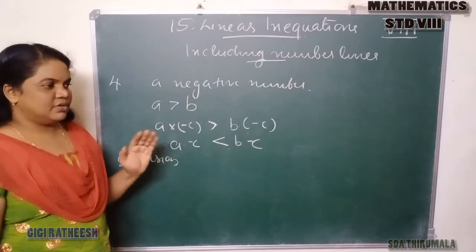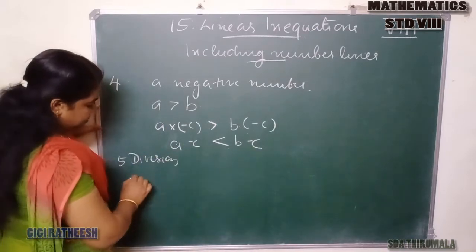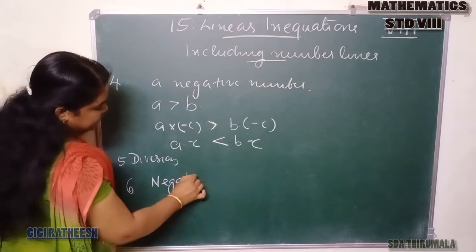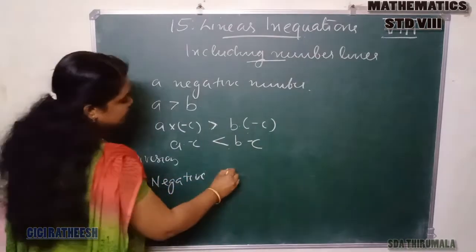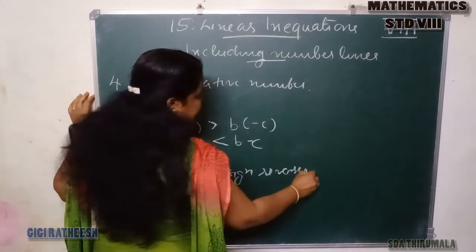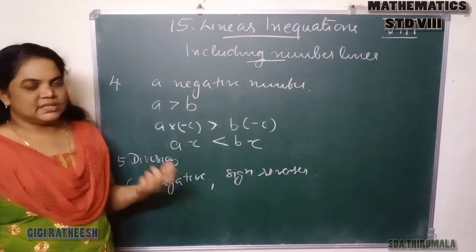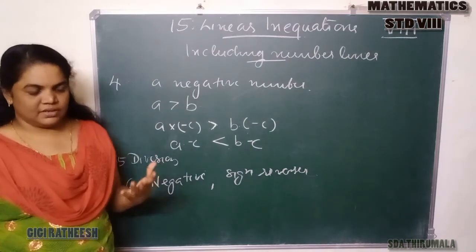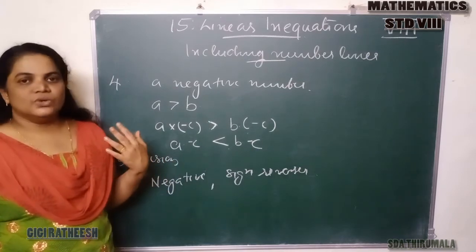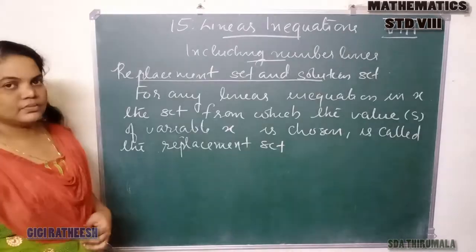But for dividing a negative number on both sides, the sign reverses. If it is greater than and we divide by a negative number, the sign reverses to less than. And if it is less than, it changes to greater than. These are the 6 properties of linear inequations.